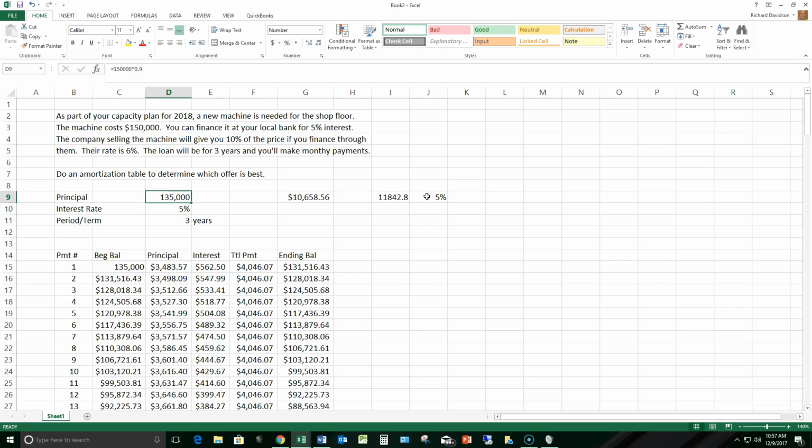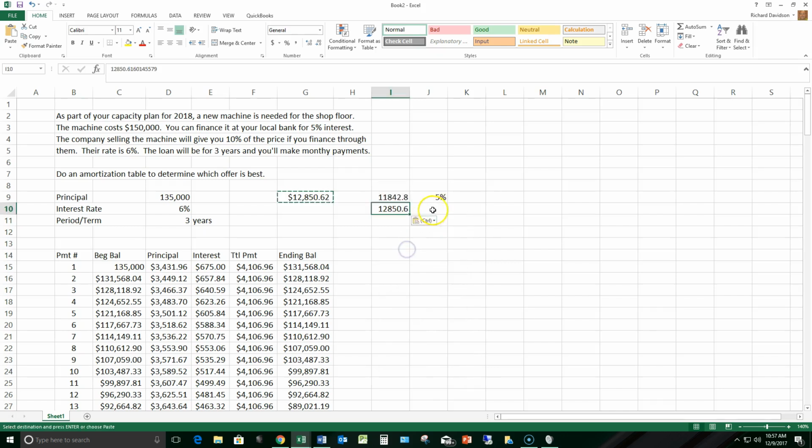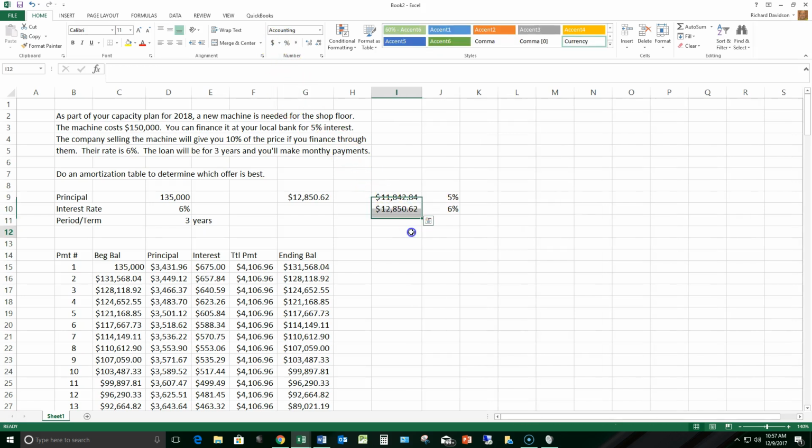It'll be 135,000 is what we're paying, 90% of the original price. But the interest rate goes up to 6%. The term doesn't change, and now we know, without changing anything, because the calculations remain the same, that the 6% option, even with a lower price of the machine, will cost us more money.